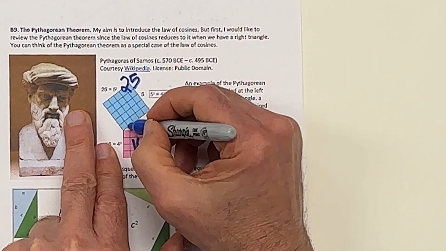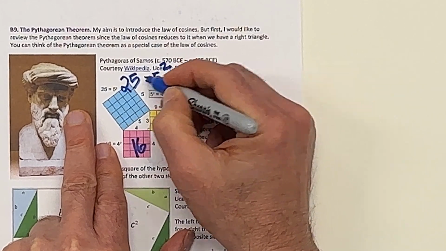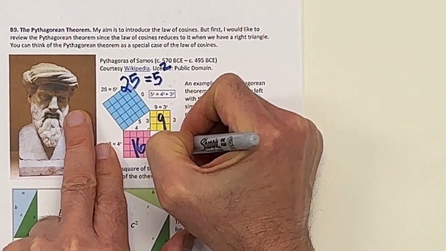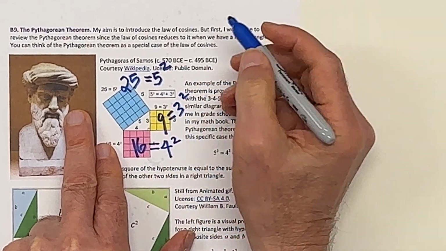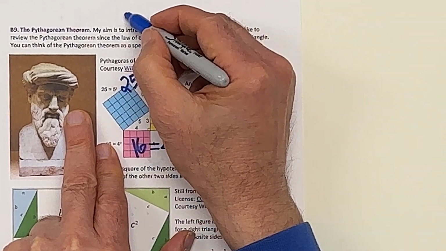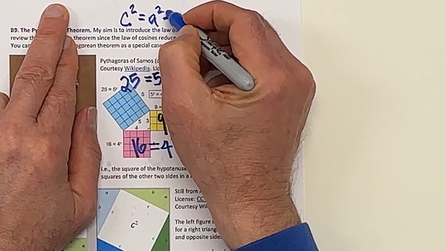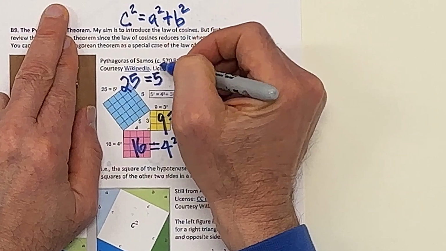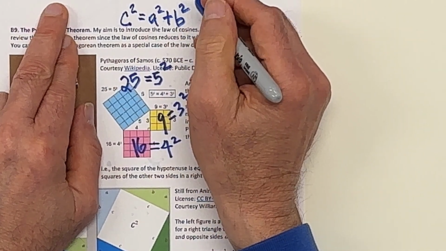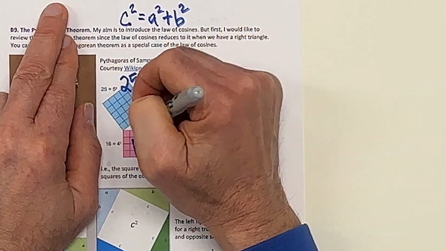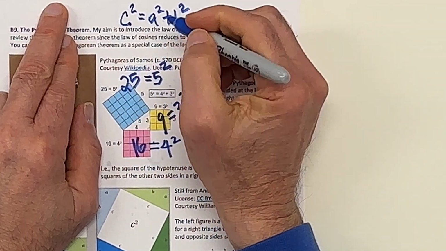So, the hypotenuse squared is 5 squared, 25, and then this side, 4 squared, and that side 3 squared, and you get the result that C squared equals A squared plus B squared, which is a specific example here. But we really didn't prove this, so we would like to show this in general in a more rigorous way.